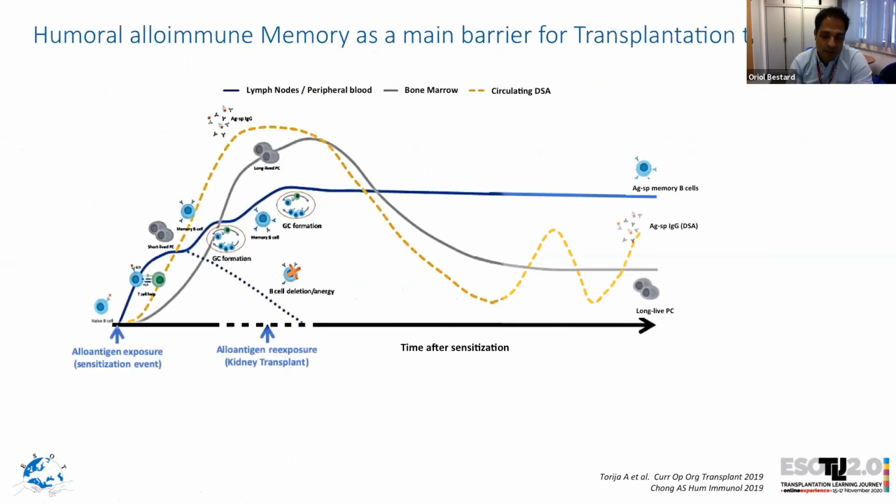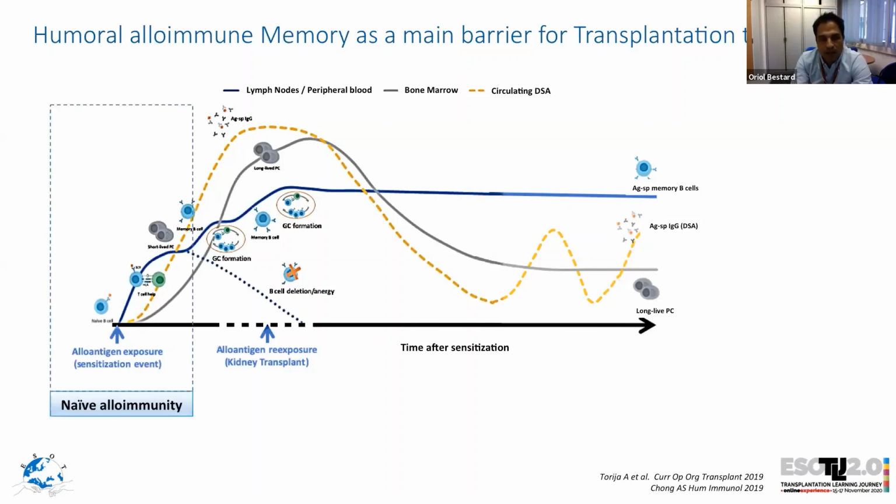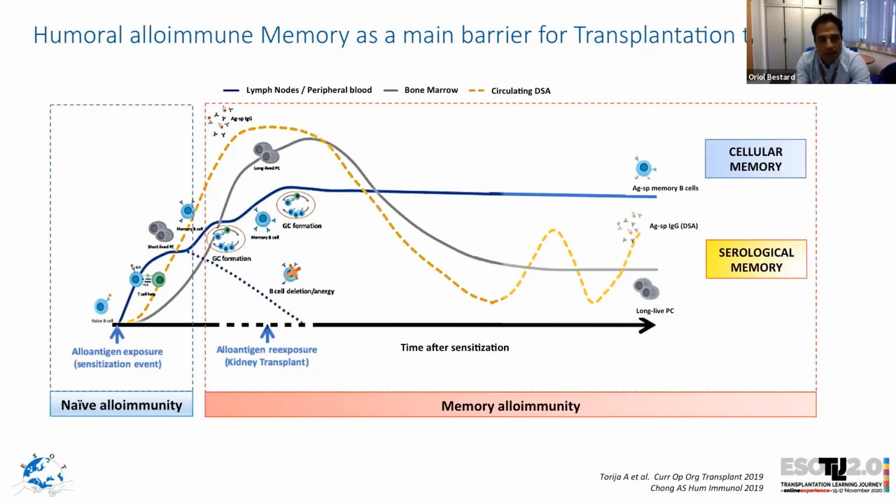Just very briefly, I think everybody knows the biology of sensitization. Unlike naive alloimmunity, the memory immunity that leads to a sensitized patient starts when there is a second recognition of the same antigen, and a very strong and robust donor-specific immune response is going to start according to a germinal center activation, where B cells will start releasing, particularly short-lived plasma cells at the beginning.